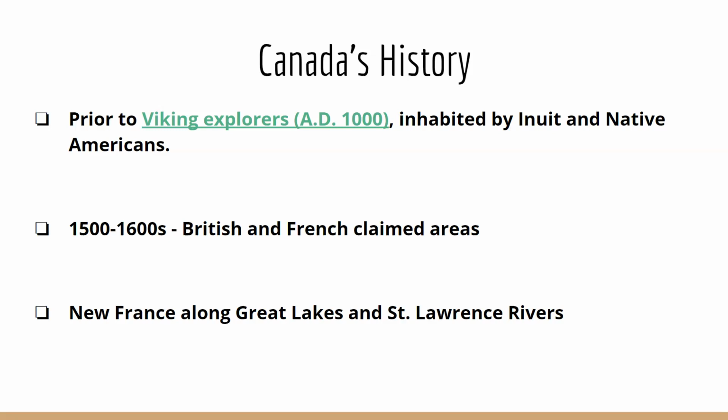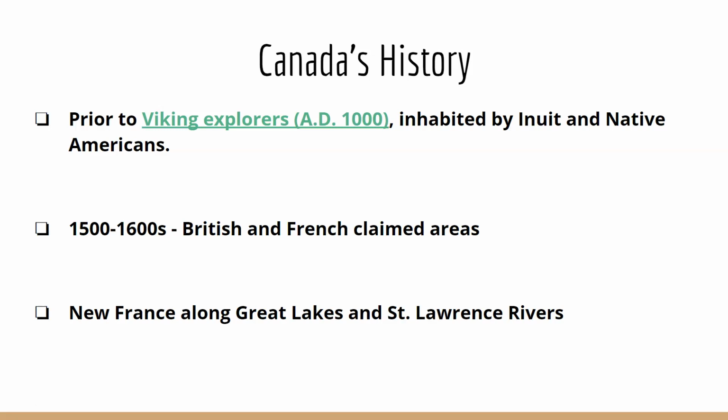When we get into the 16th and 17th centuries, so we're talking about the 1500s to the 1600s, this is where Canada experienced a little bit more of its European influence. We're going to see that the native peoples, along with the Vikings and the Europeans, continue to have an influence on the culture of Canada today.